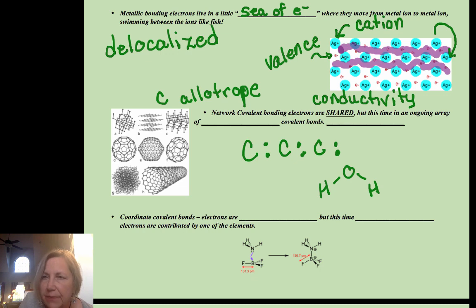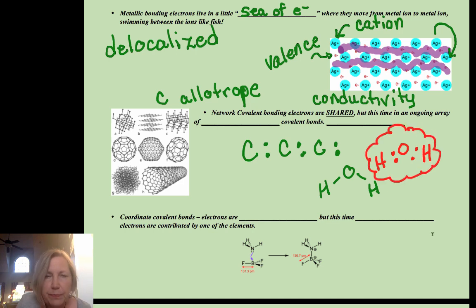That line that I'm drawing is an indicator that we have two shared electrons forming that bond between the oxygen and the hydrogen. And it stops there. It's a discrete specific molecule with exactly two hydrogens and one oxygen. In network covalent, these covalent bonds go on and on and on in different structures.